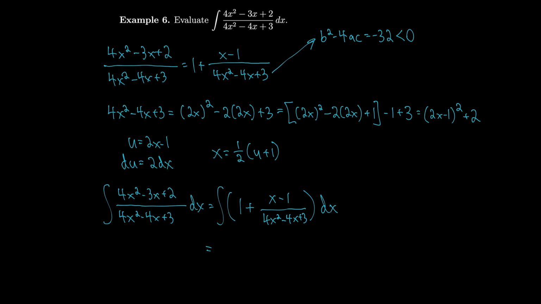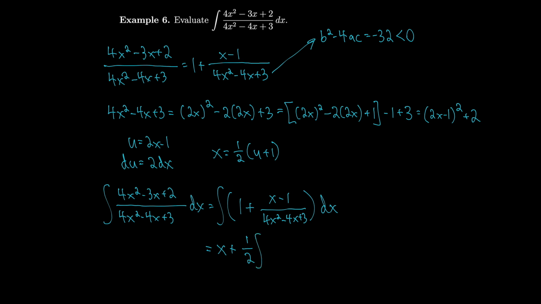And then we'll take the antiderivative of 1, because why not? We'll get x. And then for our other integral, we've got du equals 2 dx, so dx is half du.